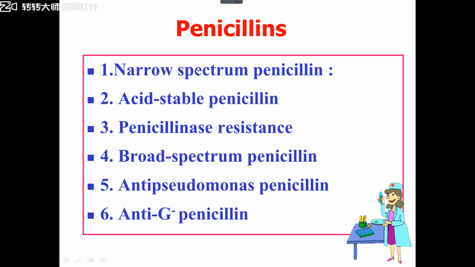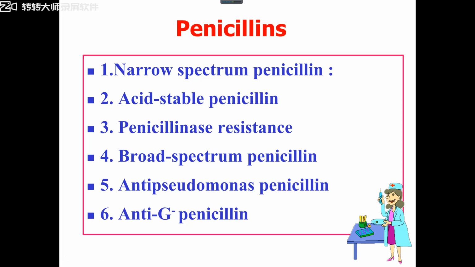Then we add a new group to penicillin G and have broad spectrum penicillins such as amoxicillin and ampicillin. But when we use these drugs for several days or one or two weeks, drug resistance occurs. So we add a new group to penicillin and have penicillinase-resistant penicillins.